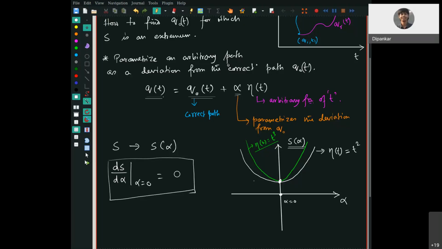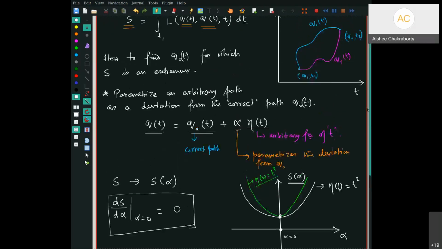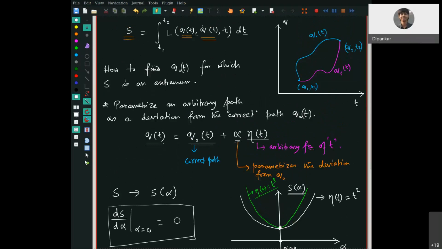My question is, in the graph of S alpha versus alpha, how does it depend on the nature of the curve eta t? Yes, because it's integrated over t, then we get S. So the integration will depend on that, right? If you are integrating t square or t cube, your result will be different, right?